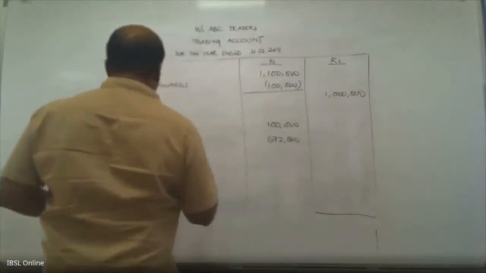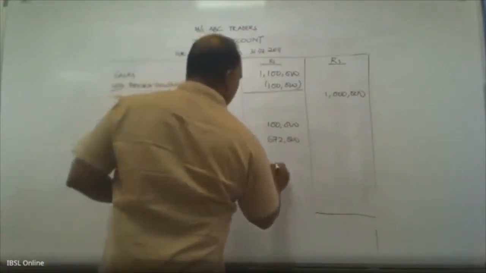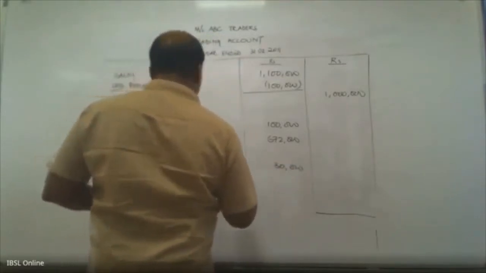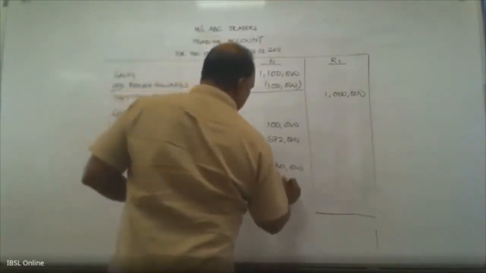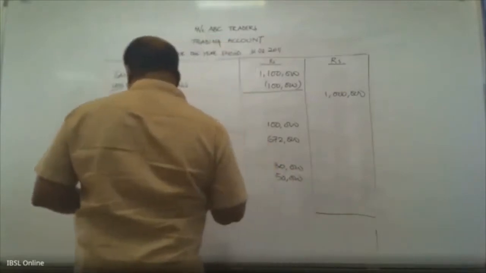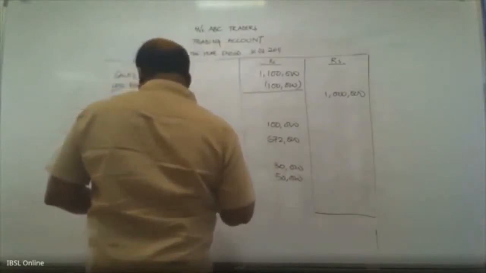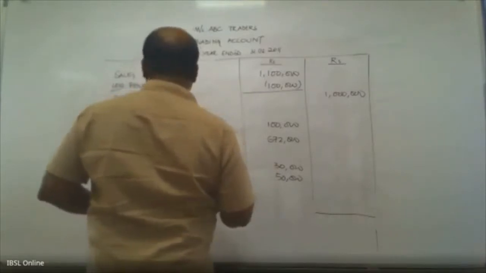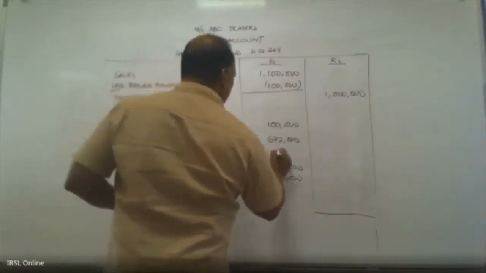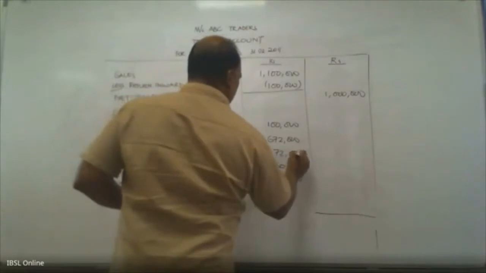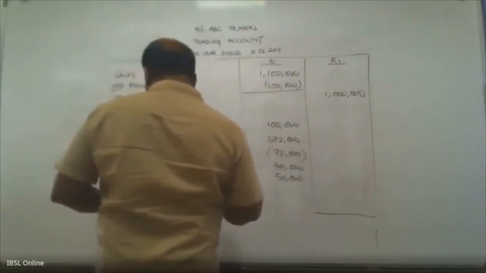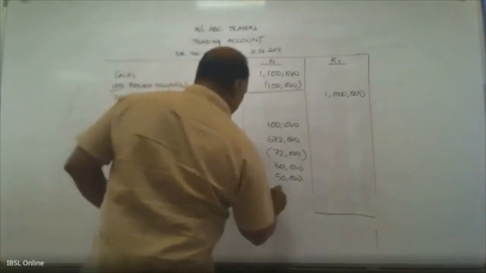Carriage inwards 30,000. Wages 50,000. Return inward we have already taken. Return outward 72,000. And closing inventory 200,000.